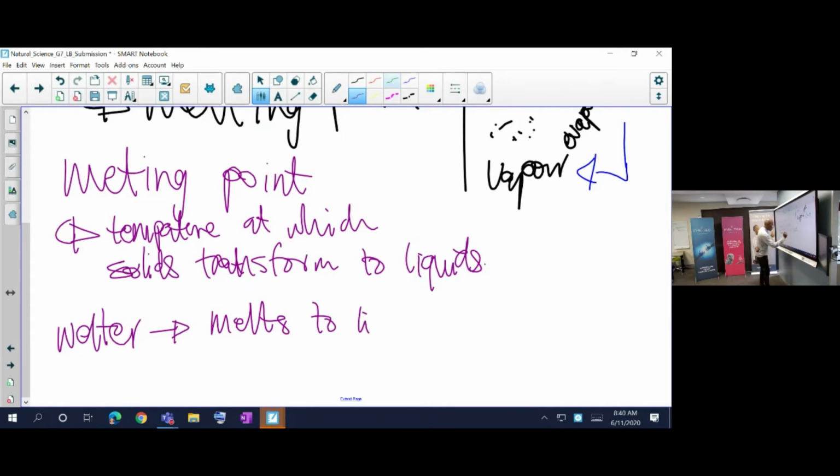When you are going from the negatives into the positives, that's when our water will go from ice to liquid.